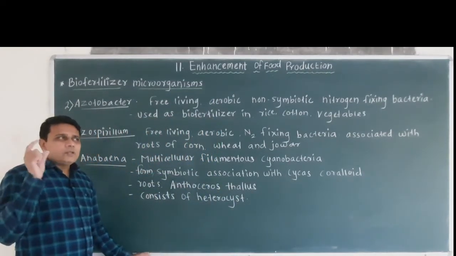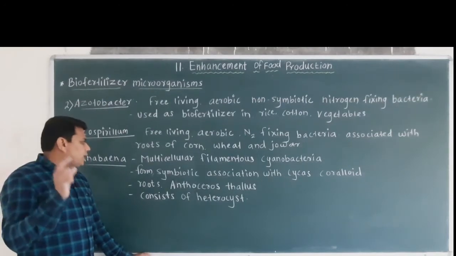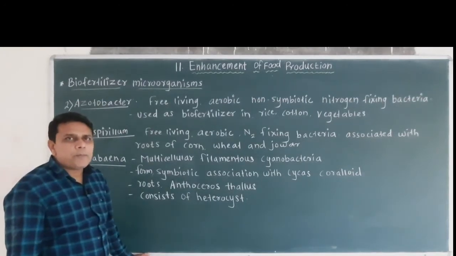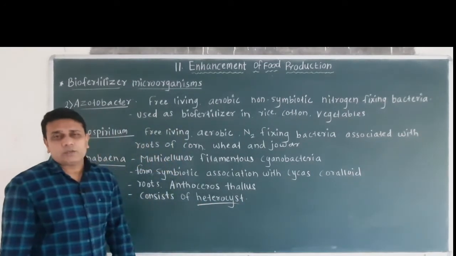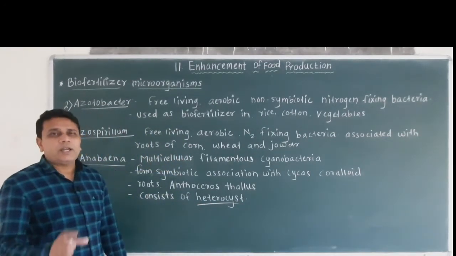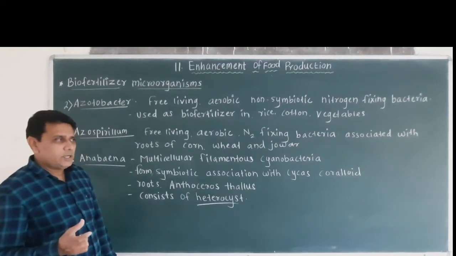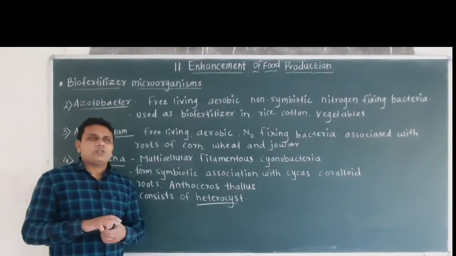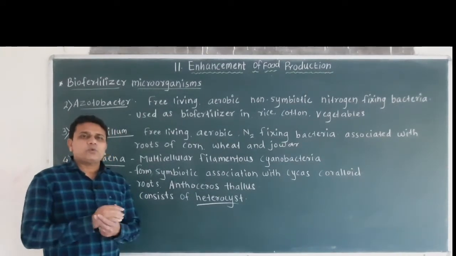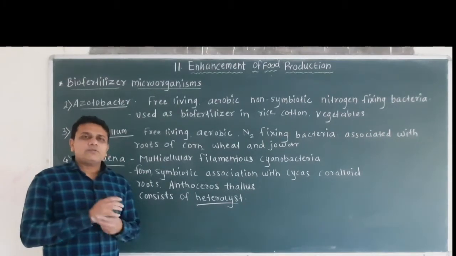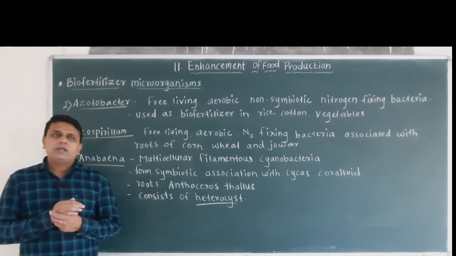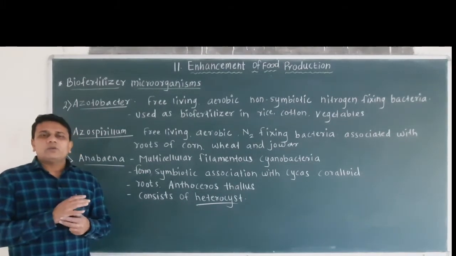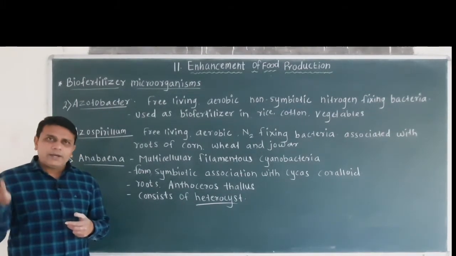Then Anabaena consists of a specialized cell called heterocyst. It is generally larger than other cells, and this heterocyst carries out the process of nitrogen fixation. We have seen in our previous session that Nostoc also shows the presence of heterocyst.